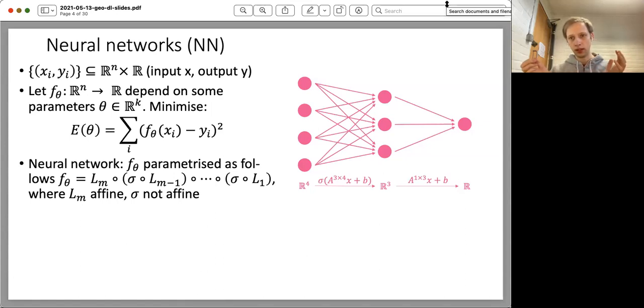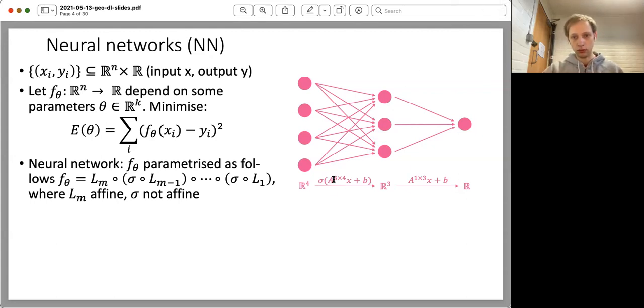It doesn't matter for the rest of the talk, but just so that you know, there are a bunch of choices for sigma, and one choice that you could have in mind, for example, is the sigmoid function, which is a logistic function, and you just apply it to each component of your vector all the time. So for example, here on the right, our x's live in R^4.